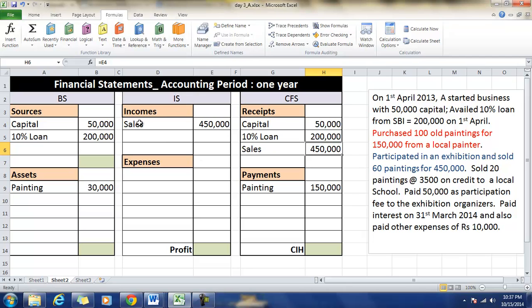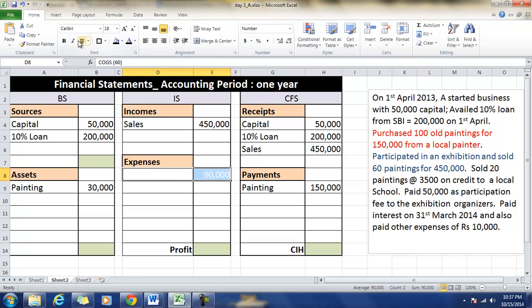And as per the matching concept, whenever there is a sale, there has to be cost of goods sold. The cost of goods sold in this case is for the 60 paintings, and the cost of each painting is 1,500.